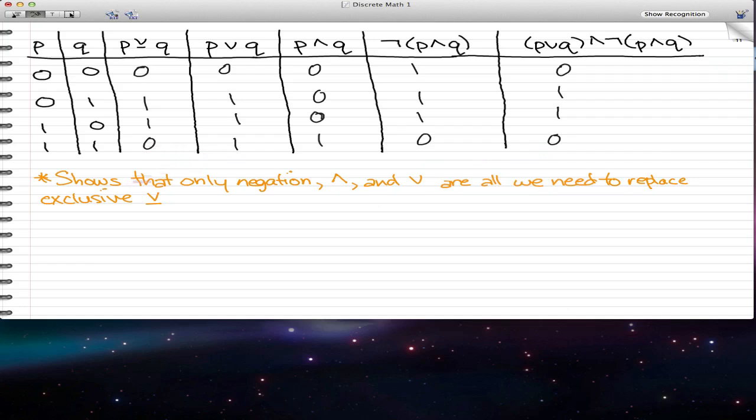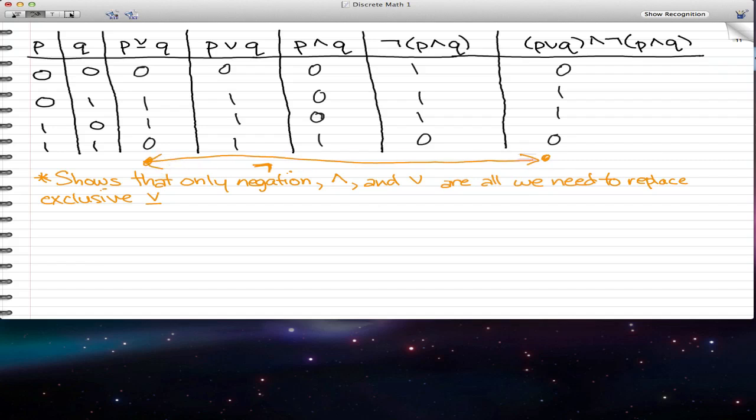It shows us that with only negation, that little symbol that we have, and an OR, this is all we need to replace the exclusive OR. So these two are logically equivalent.